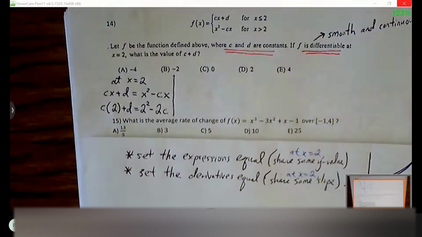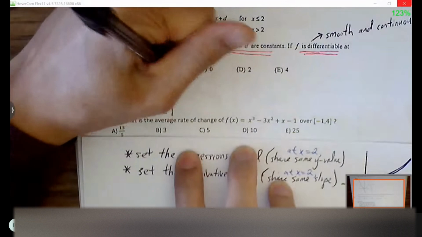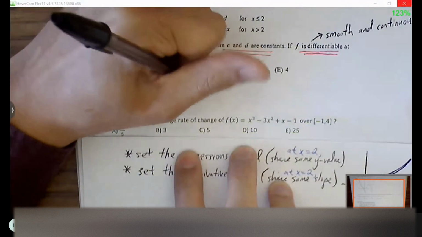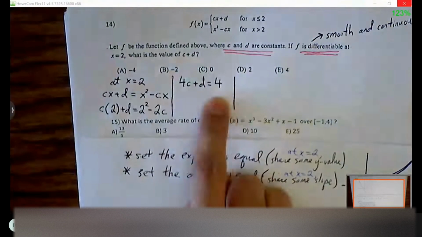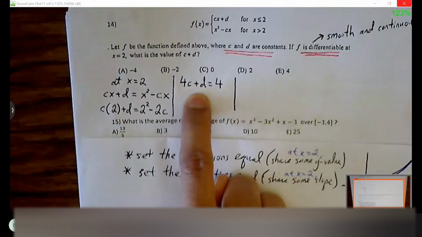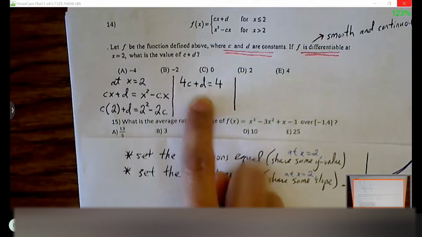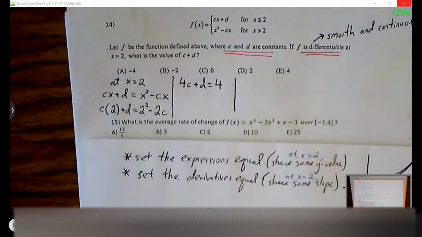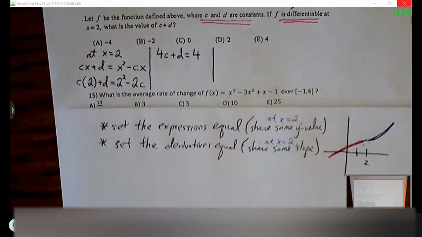Combine the c's together. We have 2c plus 2c is 4c. All right, so we're kind of stuck because we have two missing values. We can't solve for one without the other one still being there. So we're going to take a pause on this equation. We'll come back to it. But this is where we need support from the other equation that we're going to create.